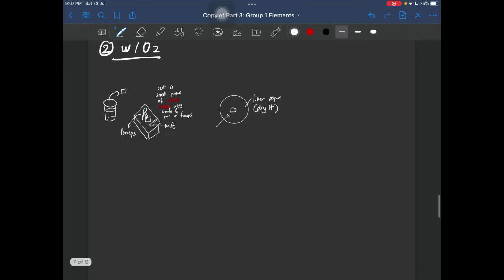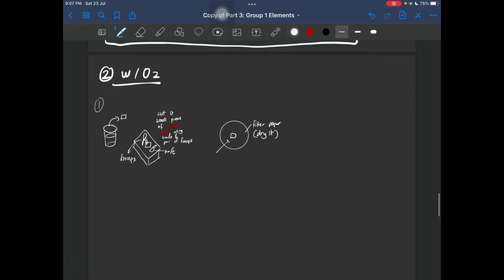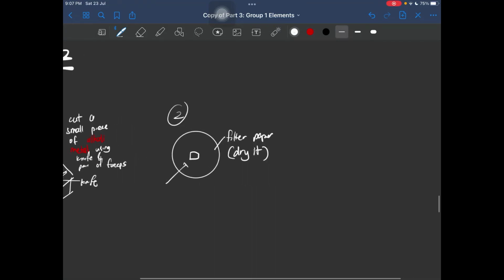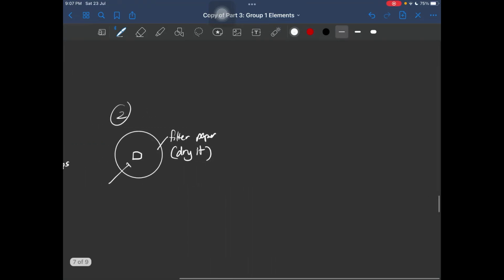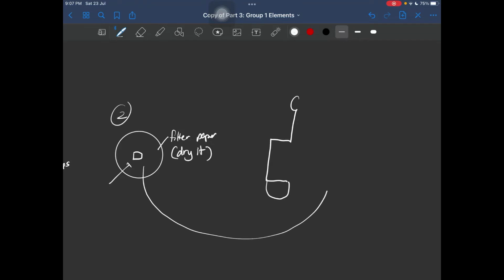Alright, so after you dry the piece of alkali metal using a filter paper, what you would do is take a combustion spoon. So this is how a combustion spoon looks like, and then you would place the alkali metal onto the combustion spoon.